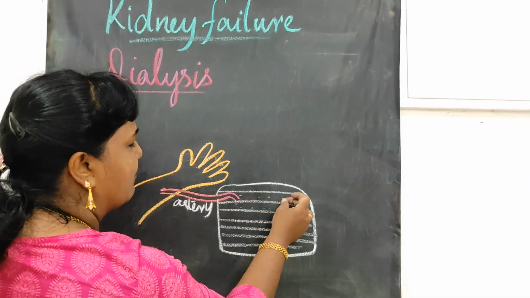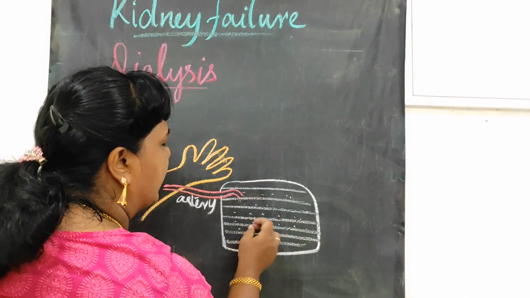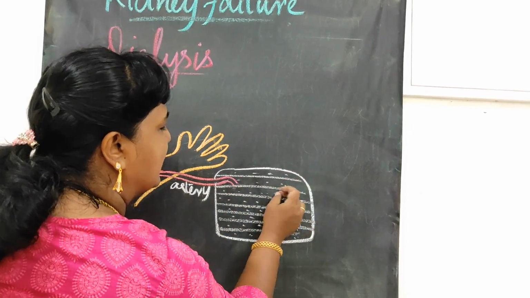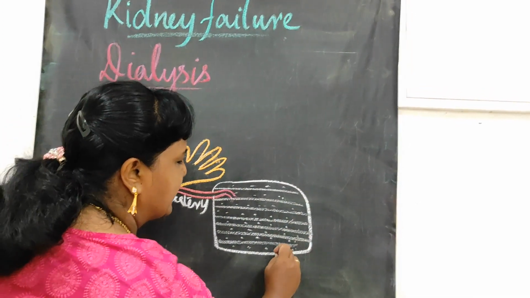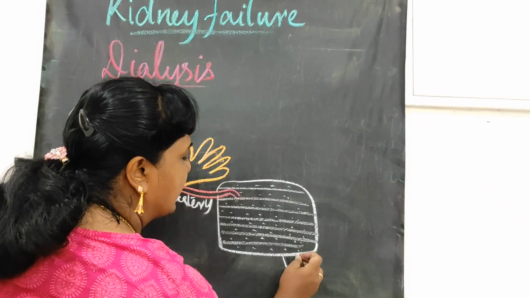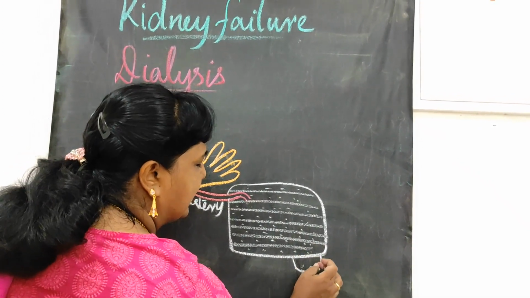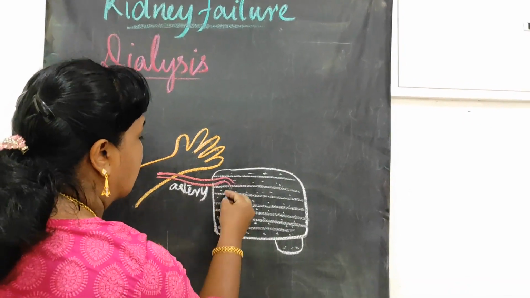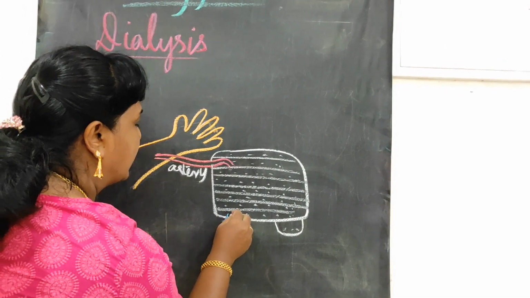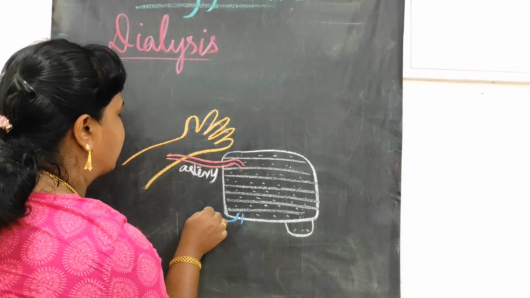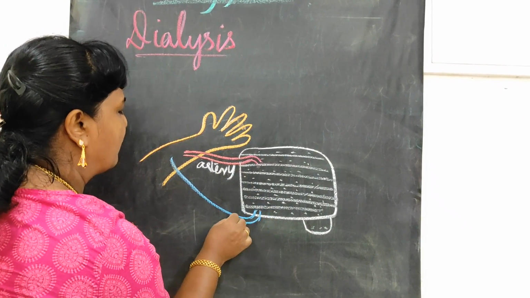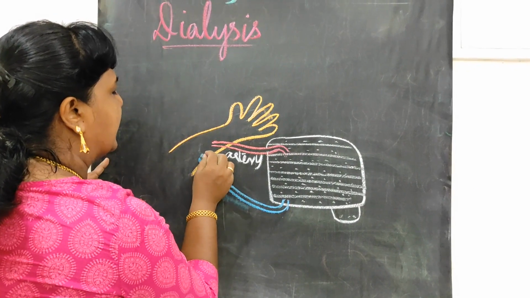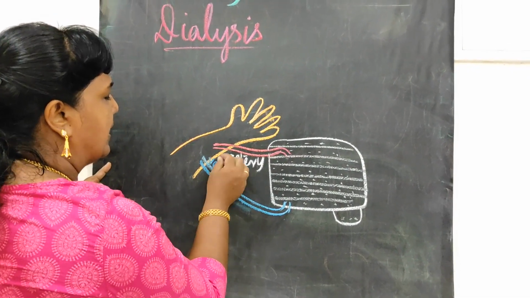In the dialysing chamber, there will be dialysing fluid. Now the blood is filtered in the dialysing chamber. The waste materials are collected in a container. And now the purified blood is taken into the veins of the patient.